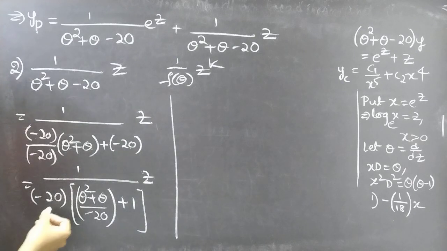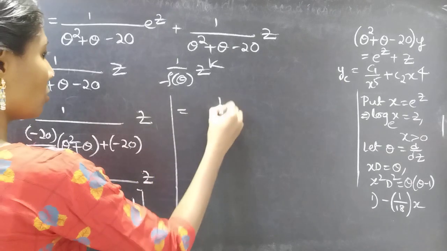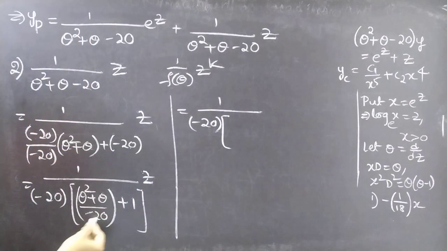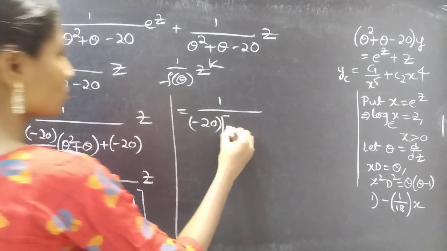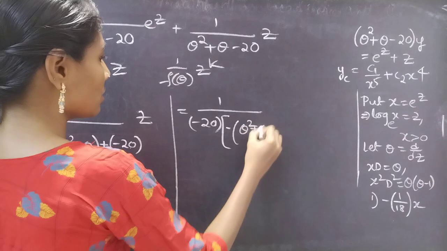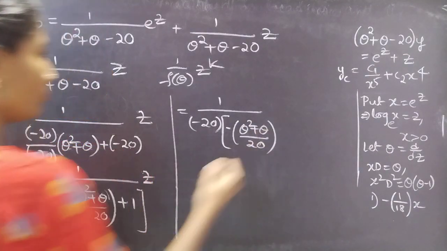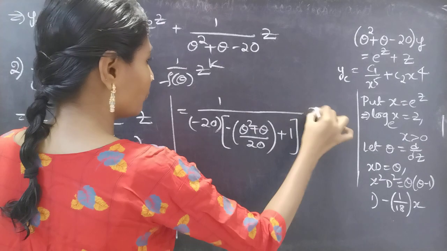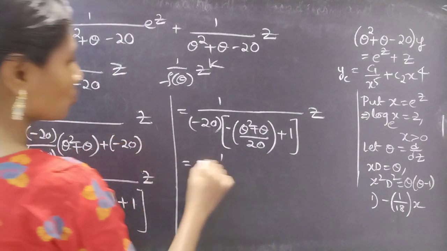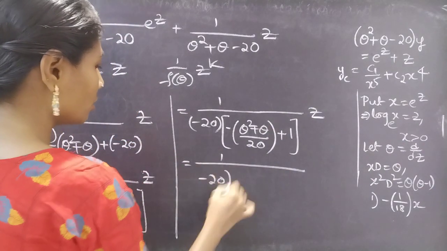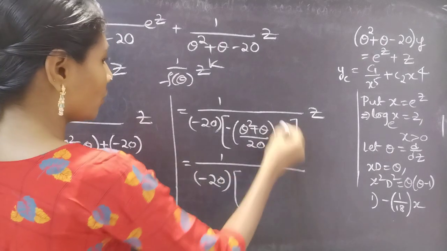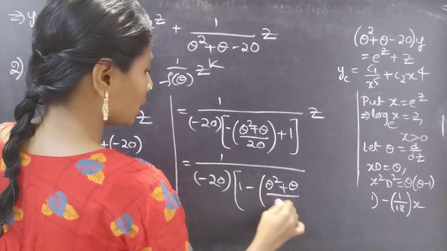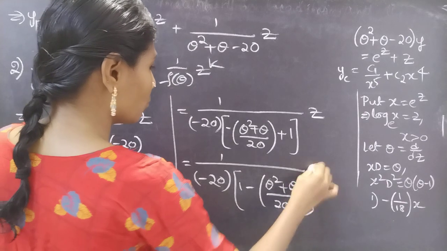Okay, now we can write this as 1 by minus 20 into minus theta square plus theta by 20 plus 1 into z, right? This is equal to 1 by minus 20 into 1 minus of theta square plus theta by 20 into z.